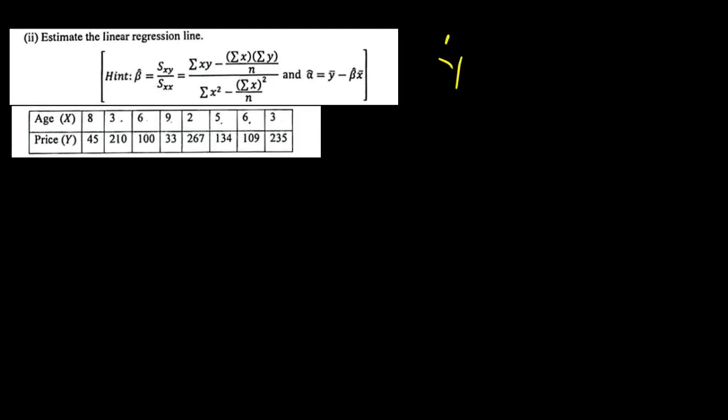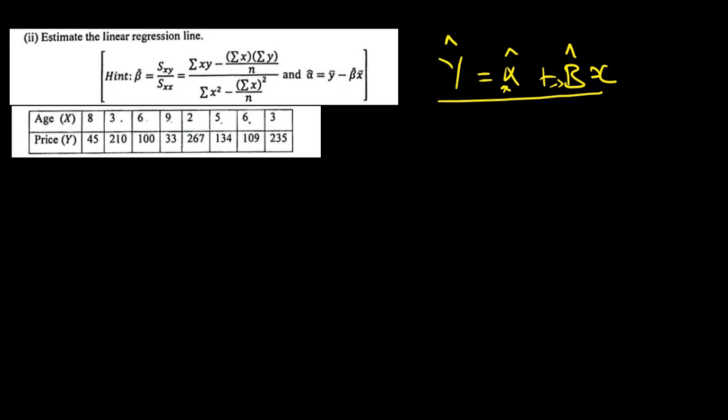The linear regression line is given by the formula y cap is equal to alpha cap plus beta cap times x. So this gives us the linear regression line. It means we have to find the a cap and also the b cap, and then we just replace them into the formula for the linear regression line.